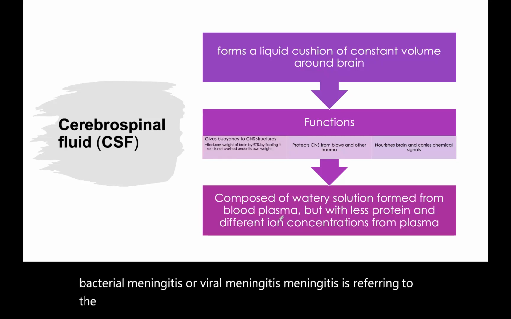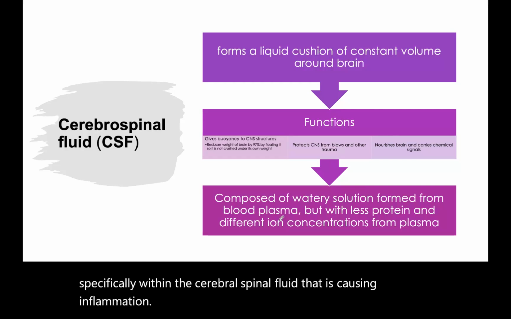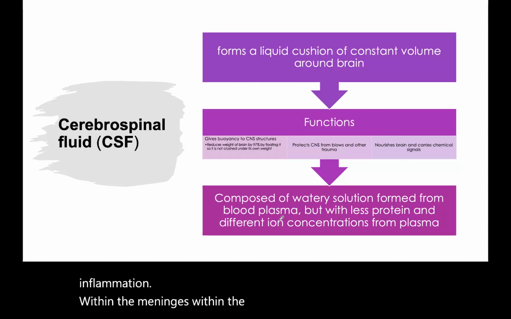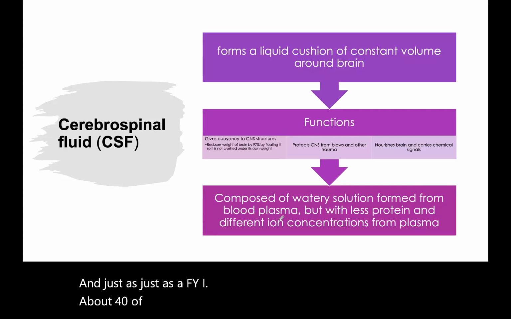That's a bacterial or viral infection specifically within the cerebral spinal fluid that is causing inflammation within the meninges, within the arachnoid mater specifically. And just as an FYI, about 40% of the cerebral spinal fluid is produced within the subarachnoid space.